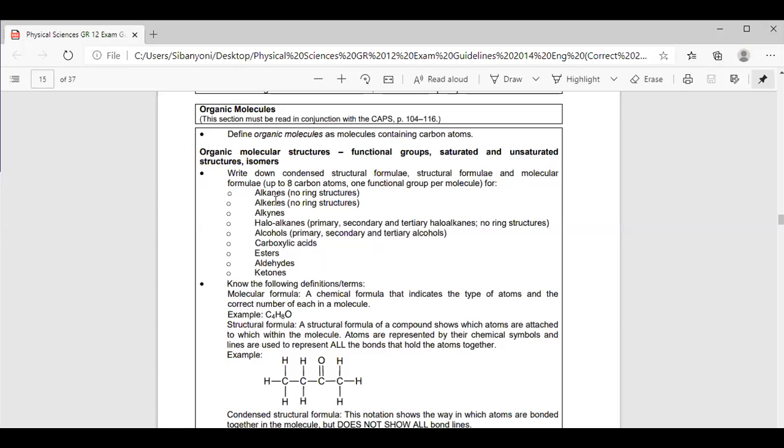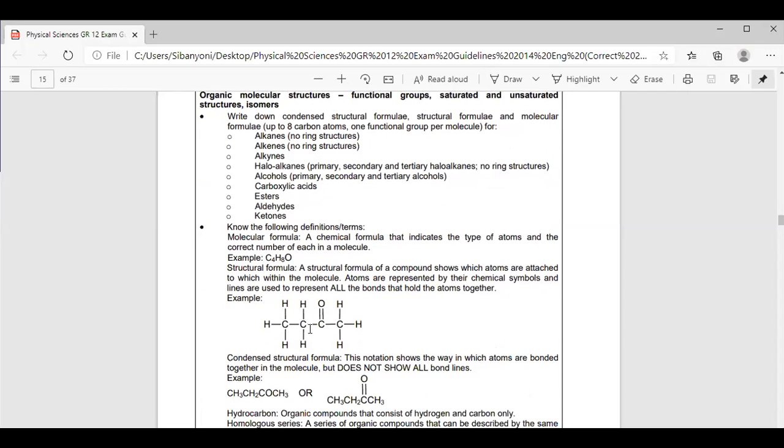Furthermore, in this particular homologous series, you must then know, my dear learners, how to draw the functional groups of these homologous series. And you must know the name of the functional group of these homologous series.